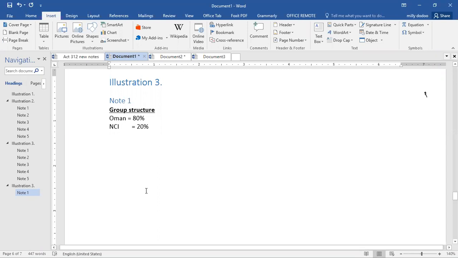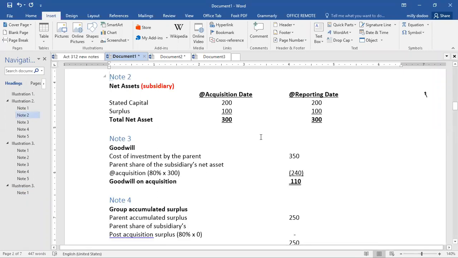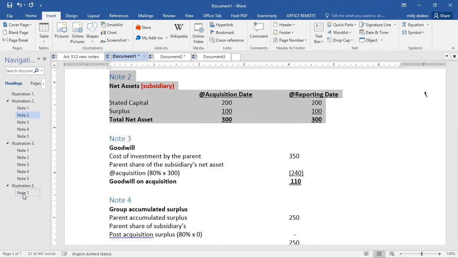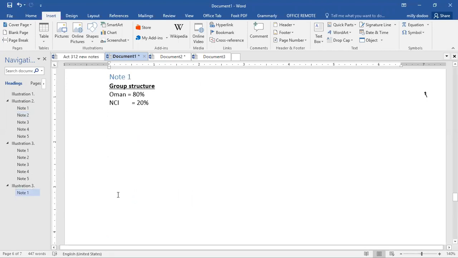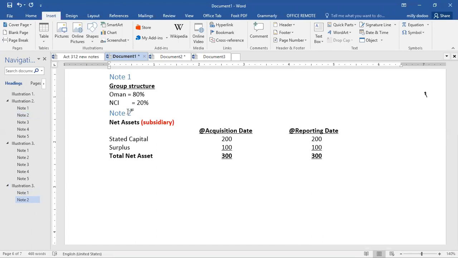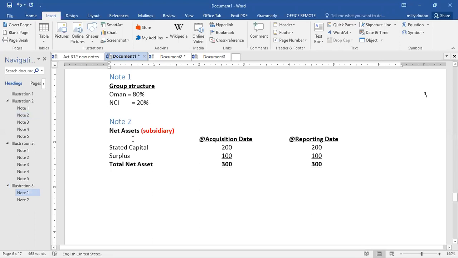The parent cost of investment is 175. That is what we are seeing over there. Then they say net assets at acquisition. So look at this question very well. They are giving you net assets at acquisition, and then net assets at reporting, that is the net assets at the end of the year.